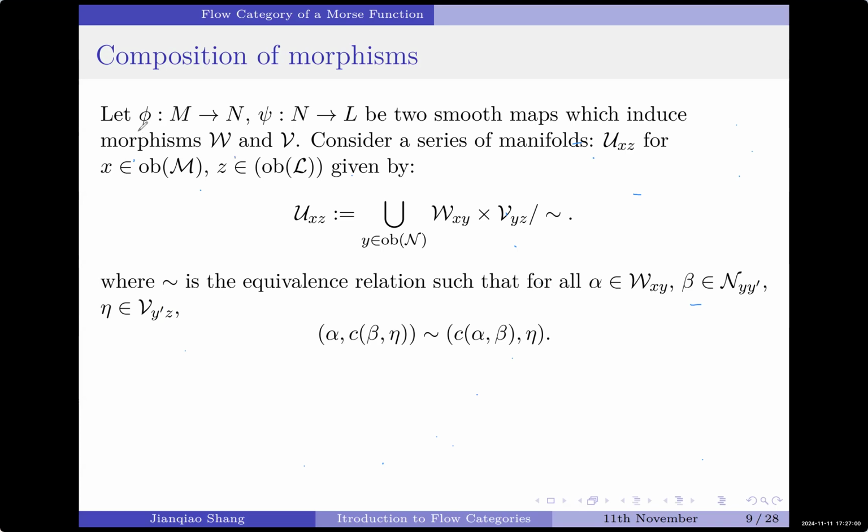Now if we have two morphisms between smooth manifolds, and of course we ask them to be equipped with Morse functions, the morphisms W and V. For each critical point X in M and Z in L, I define a manifold with corners UXZ as this.